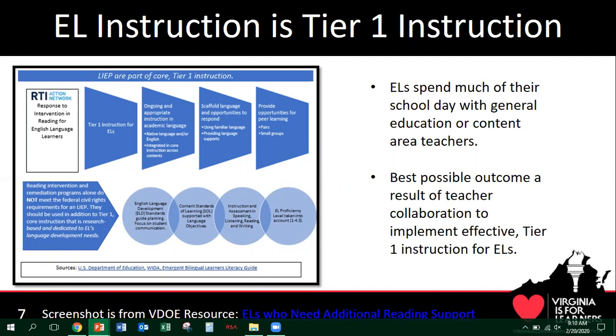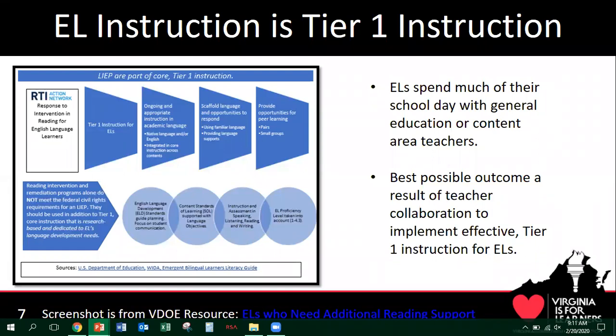They may have 45 minutes every other day, if that, with an EL specialist. So it's really upon all of us together as instructors of content to understand how to make that instruction accessible, and also develop student language so that they can eventually exit from EL service.